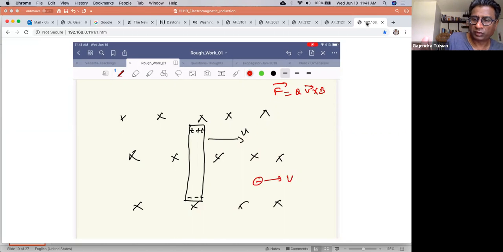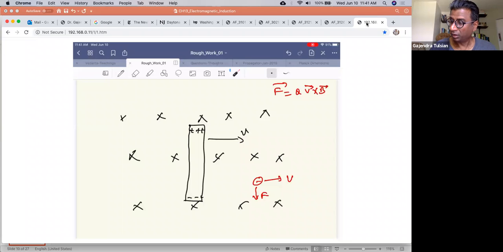V cross B: you turn from the first vector to the second vector. On a positive charge, the force would be in the upward direction, and on a negative charge, the force is in the downward direction. So the force will be in this direction, and you see a bunch of negative charges will collect here.